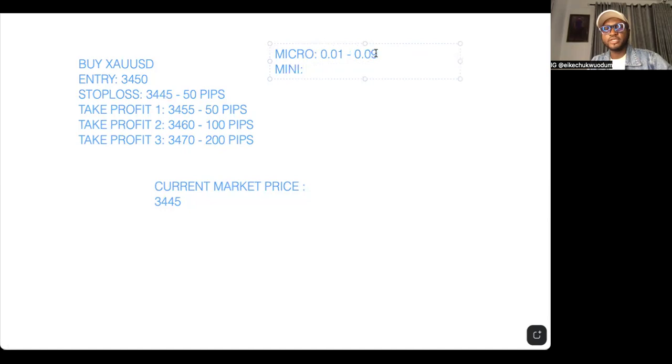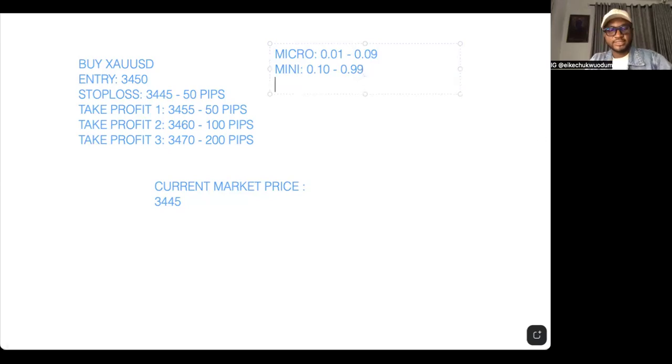Now, for mini lots, when you move from 0.09, the next number will be 0.10. So 0.10 all the way to 0.99 is a mini lot size.